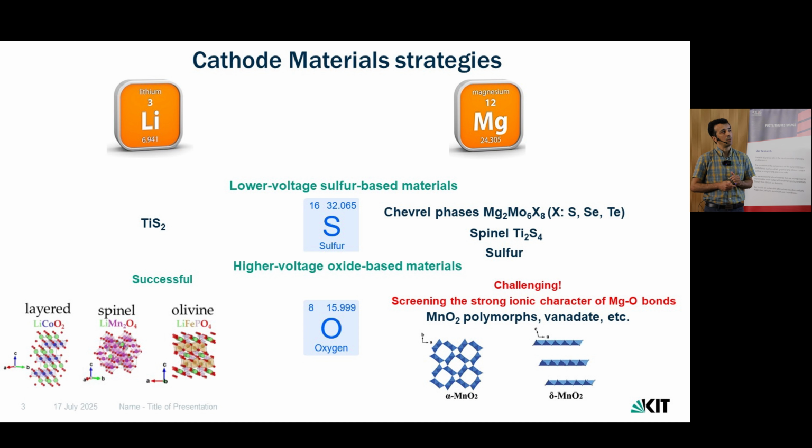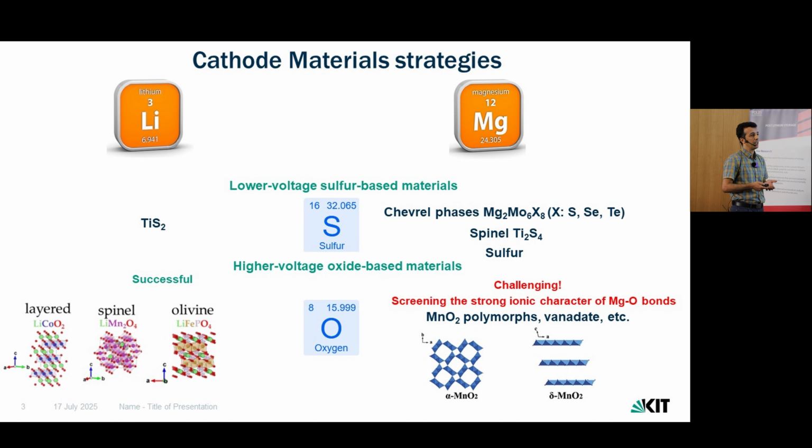Going to magnesium, people tried to duplicate the same process. Historically, we learn from what we duplicate, and the first successful material is what we call the Chevrel phase, and that will be the main topic of my talk. Then we went for spinel, titanium sulfide, and sulfur. But once we made the jump to the oxide, we faced the strong ionic character of magnesium-oxygen bonds, which brings a new philosophy of how to deal with this strong correlation by screening this effect.